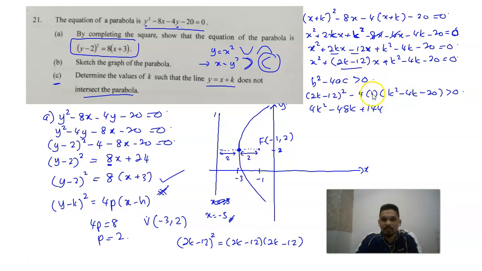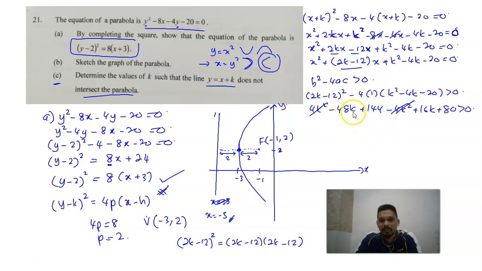Negative 4 times 1 times k squared is negative 4k squared, negative 4 times negative 4k equal to 16k, and negative 4 times 1 times negative 20 is plus 80, greater than 0. Look at this: 4k squared minus 4k squared cancels.